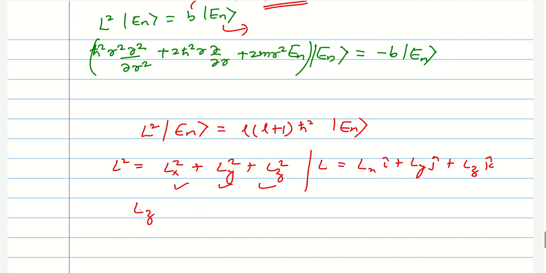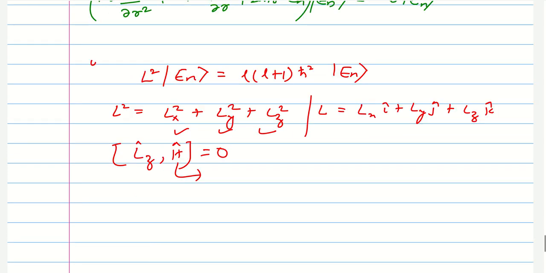So if you see, this Lz will commute with H. Lz will commute with H. So when this commutation happens, then whatever the eigenket H has, same eigenket exists for Lz also. So here what you can see is that L square has an eigenket same as the energy eigenket. What it means? It means L square will commute with H. So when you do this commutation relation, what you will find, it is equal to 0.